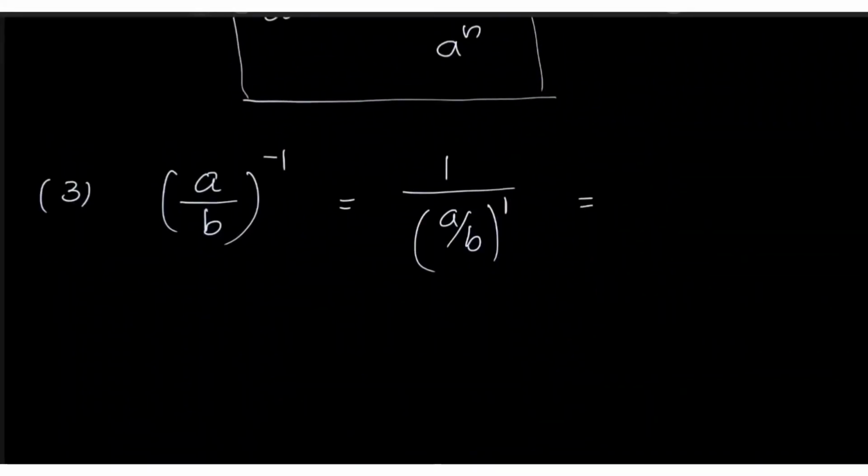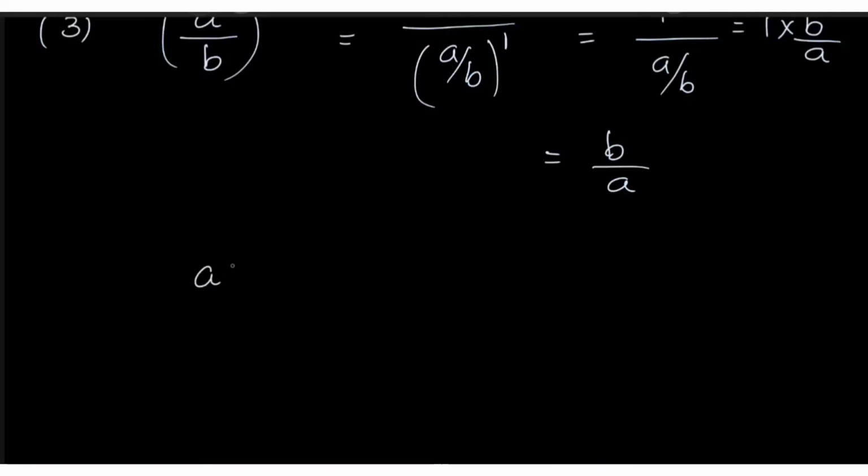That is, it is equal to 1 by a by b, which is multiplying with the reciprocal, and it is equal to b by a. So a by b raised to minus 1 is equal to b by a, just put the reciprocal. That is, the negative power of a given fraction is equal to its reciprocal itself. That is the third law.